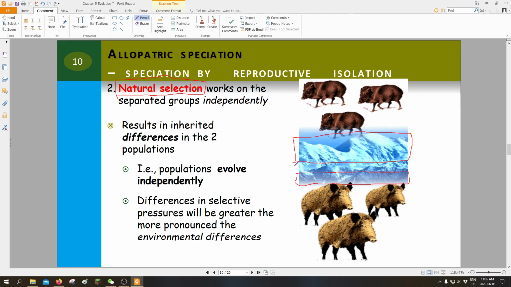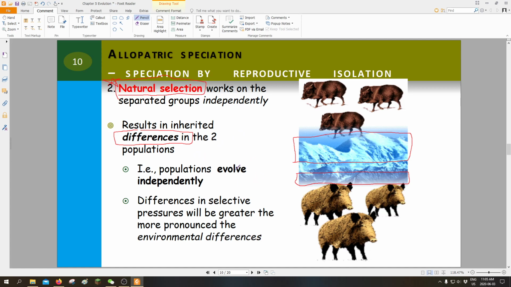Because of the differences in the environment, you're going to have different advantageous traits, and different advantageous traits means that natural selection is going to be different in those 2 separate populations. After a while, natural selection is going to cause certain traits to be selected for, and those traits are going to be inherited over many, many generations, and those inherited differences are going to be very pronounced in the 2 different populations.